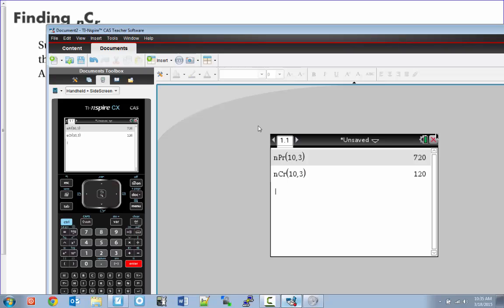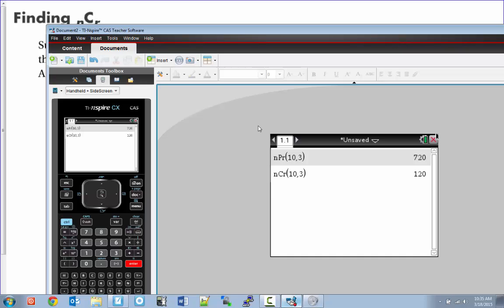You following me? So in that case, there's only 120 different ways that you can get a group of 3 out of 10 people using combinations. Because, like I said, order doesn't matter, so it doesn't matter if it's Susie, Johnny, Sally or Sally, Susie, Johnny. It doesn't matter because the top 3 are going to advance.